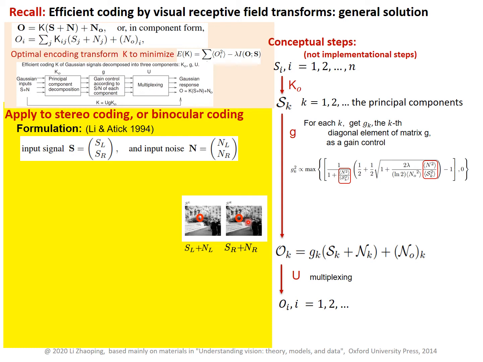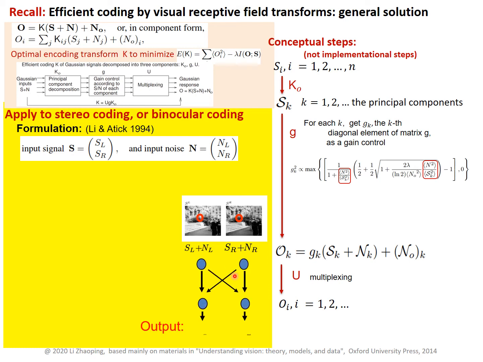For example, you can view it as if the image location in each eye is already fixed, say at a given location in the left eye and the same given location in the right eye. Or we can view each signal as coming from a local or global spatial average in one eye, similarly for the other eye. In any case, we are ignoring the exact image location or spatial structure of the visual input, except for which eye it comes from, left or right.